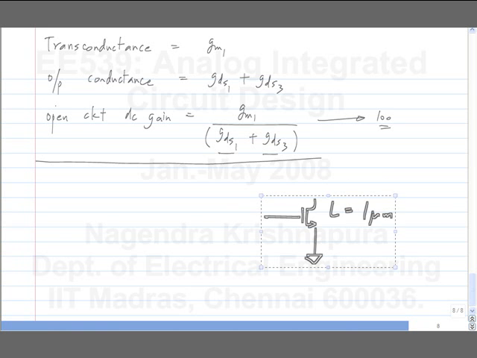Any questions on any part of the analysis or the answer? Okay, so we have calculated the differential transconductance, output conductance and the DC gain.